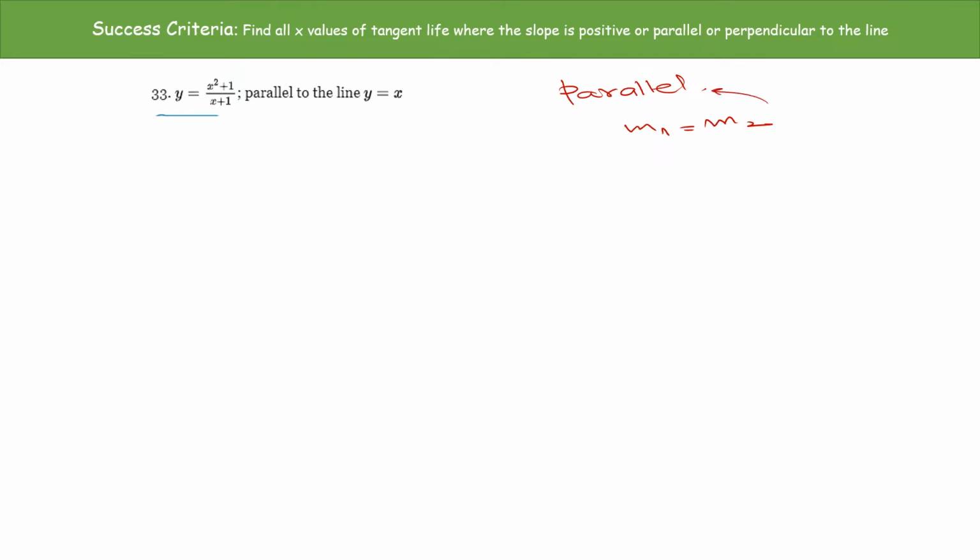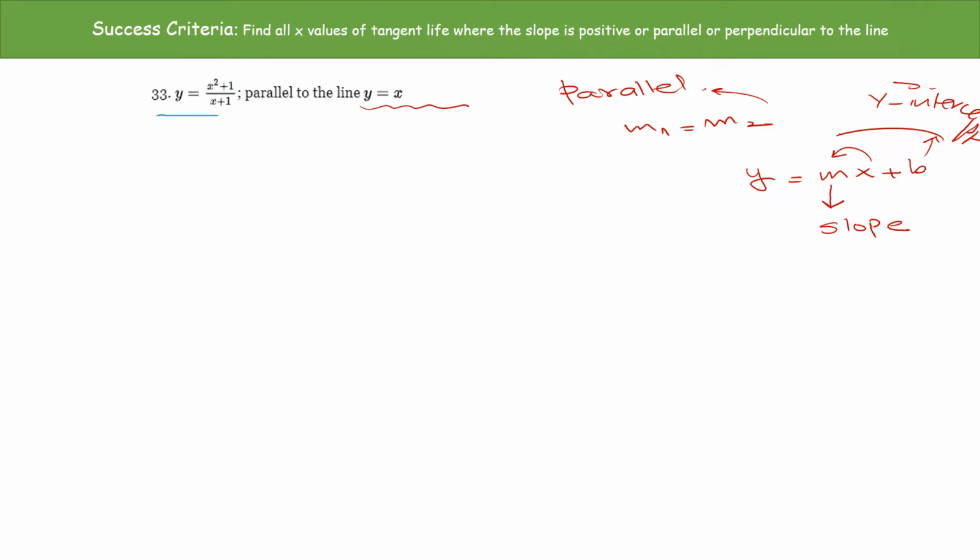Which means if they are saying parallel to the line y equals x, we all know that the equation of a line is y equals mx plus b. The number or constant written with the x is said to be your slope, and this b is said to be the y-intercept. So these are our previous knowledge according to which we will find our slope.